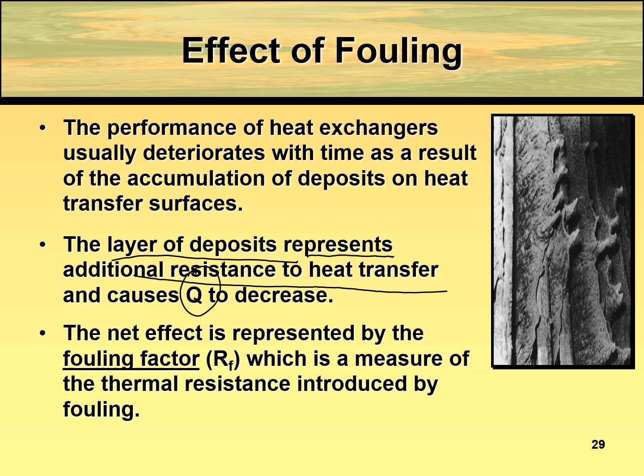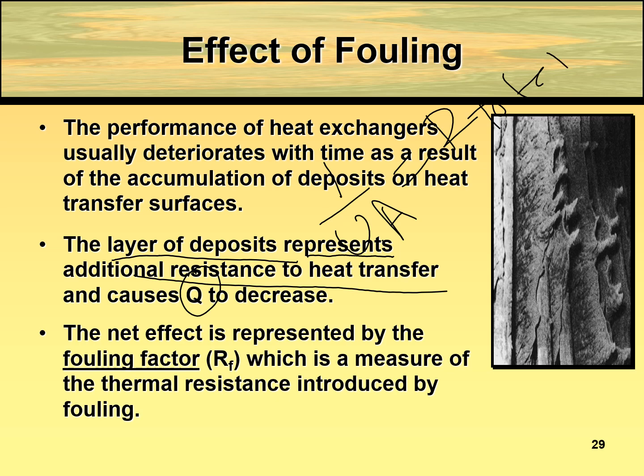So if you imagine that this happens in the tube, there will be extra thermal resistance for your heat exchanger that will increase the overall thermal resistance. The overall thermal resistance is inversely proportional to U. As you can see from the equation before, 1 over UA equals R total.